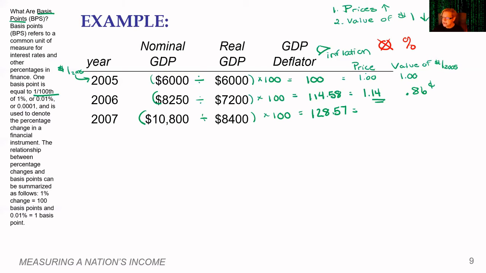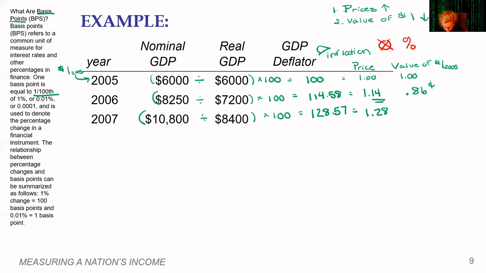Okay, this means that if you go to the dollar store in 2007 and you spend 2005 dollars, prices have risen by 28 cents. So what's a 2005 dollar worth in 2007? Well, we're going to take the reciprocal, so $1 minus 0.28 or 28 cents.